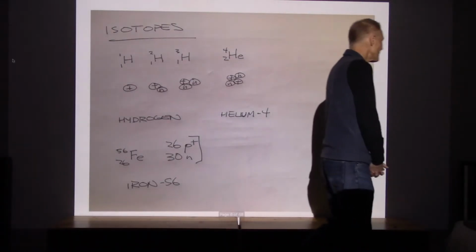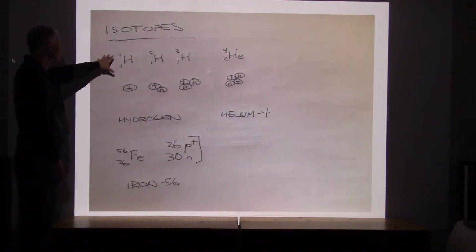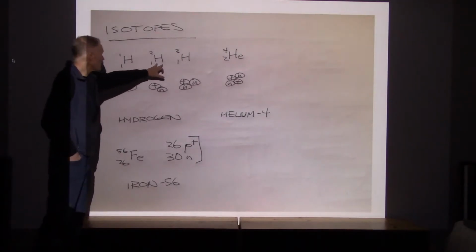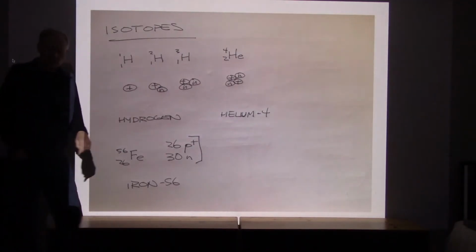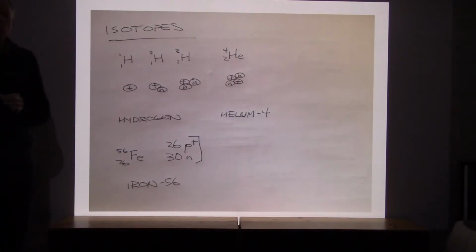All right, here's a quick diagram. So here's an example of different isotopes of hydrogen. So hydrogen, we have the chemical symbol H. Now, any nucleus that has just one proton is classified as hydrogen. So a proton, all by itself, is classified as being hydrogen.